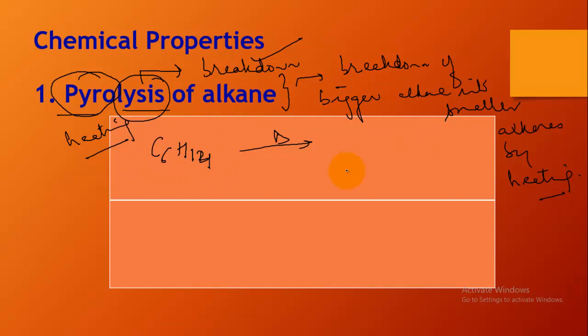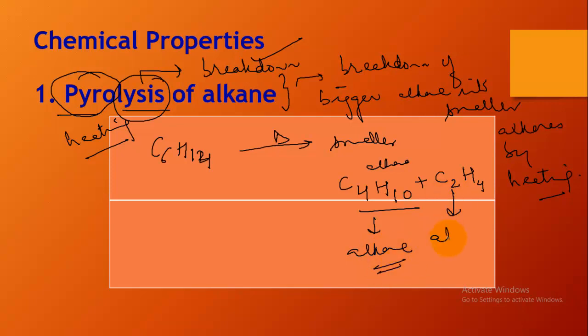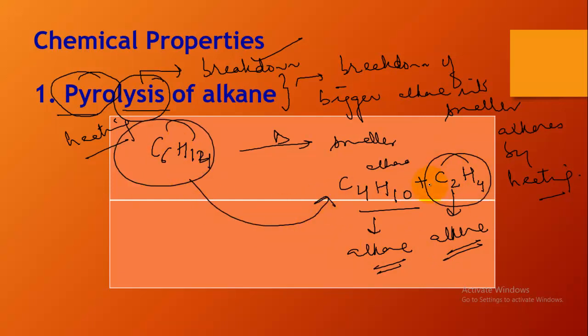Suppose we get C4H10 and another one is C2H4. You notice that one component which is formed is the smaller alkane, and the second component formed will be alkene. So it gives rise to the smaller alkane, and sometimes the alkene is formed.